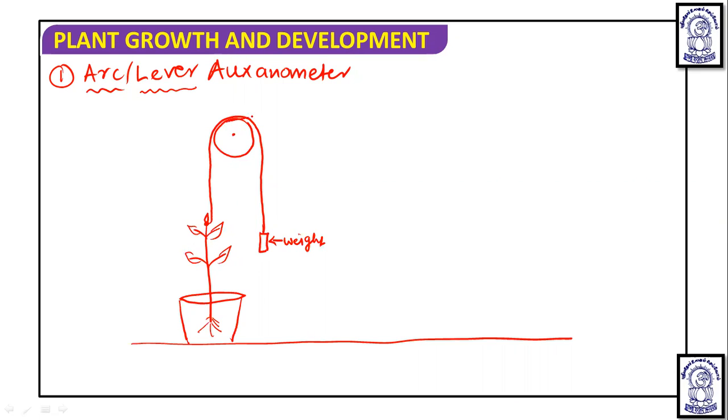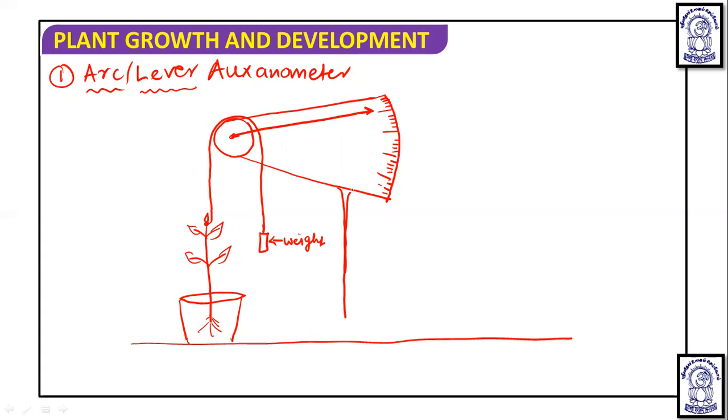Now to this pulley we are adding a measuring tape or one scale like this, and it has one pointer like this. Now what happens, and this is completely arranged over the stand.